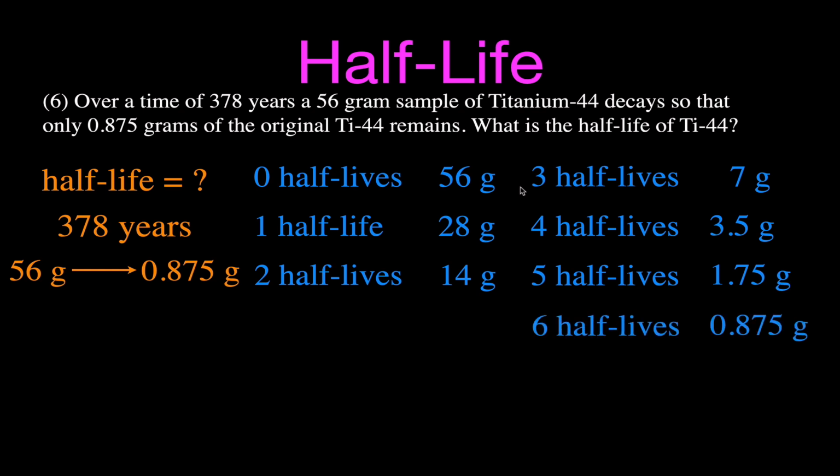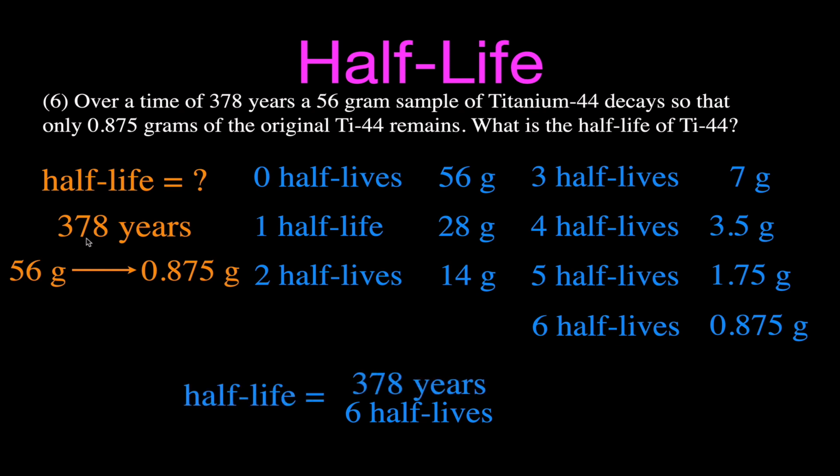That means it takes 6 half-lives to do that. That's 6 half-lives, and it takes a total of 378 years. So we can divide the 378 by 6 because it took 6 time intervals for that to occur, 6 half-lives. And you see that the half-life of titanium-44 is 63 years.